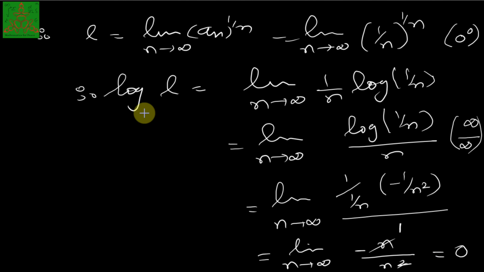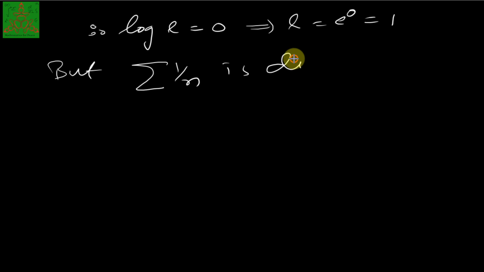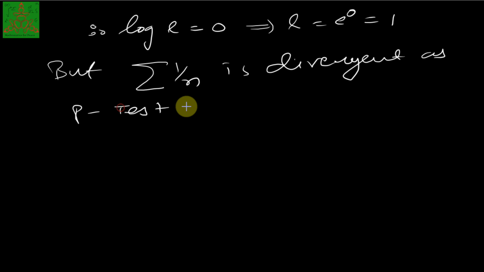Hence log L is 0, which implies L is e power 0, so L is equal to 1. Therefore here the limit is 1, but the summation of 1 upon n is divergent by the p test, as the value of p is equal to 1 here.